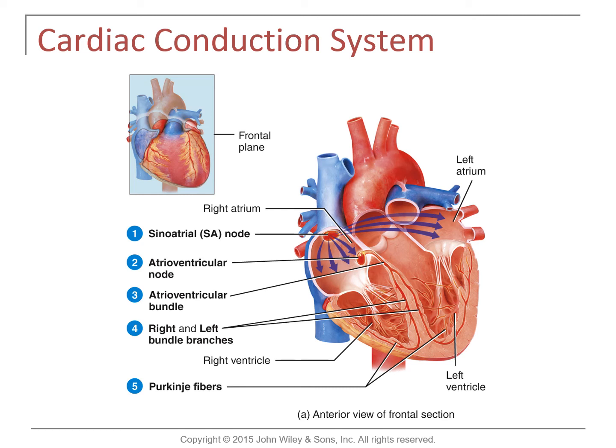So this pathway ensures that the atria contract first to complete the filling of the ventricles, and then eventually the signal passes to the Purkinje fibers, which cause the ventricles to contract. Contraction of the ventricles closes the AV valves and opens up the semilunar valves, leading to ejection of the blood out of the ventricles into the large arteries during systole.